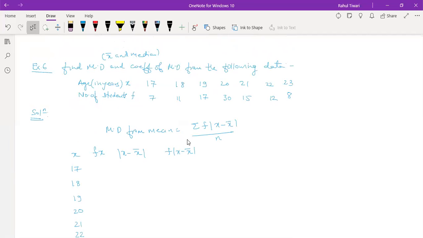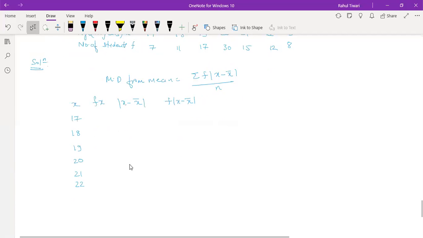Now calculate fx. This into this and so on. Calculate all that and tell me the answer. Fx. Are you understanding me? 17, 17, 17, 34.